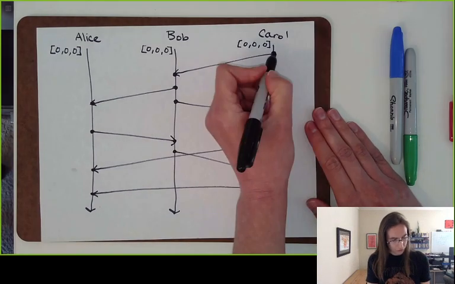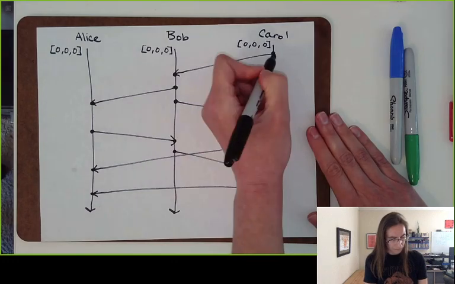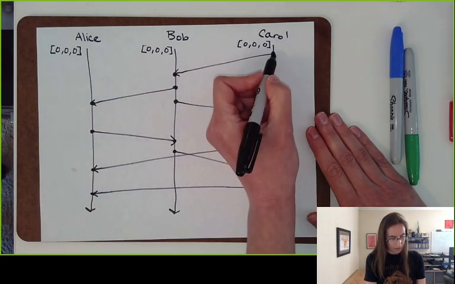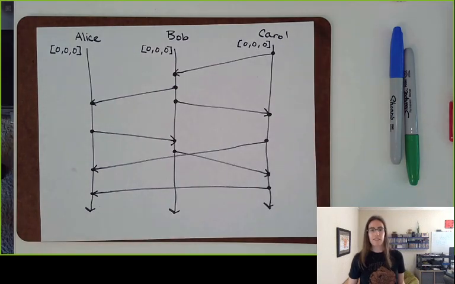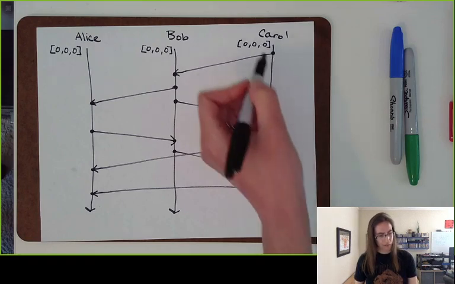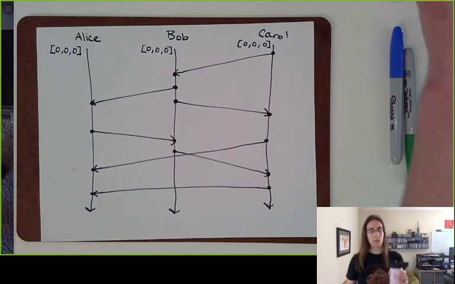So let's look at this first event here on Carol. It's an event, happens to be a message send. And so Carol wants to count it as an event that's occurred that she knows about, an event that's occurred on her process. So what is Carol going to update her vector clock to? What do you think?